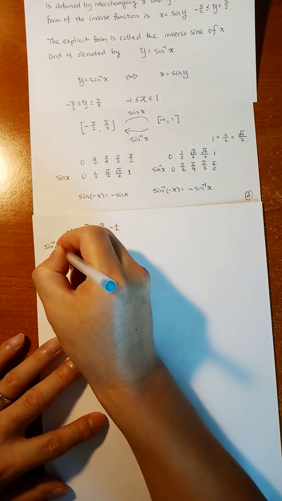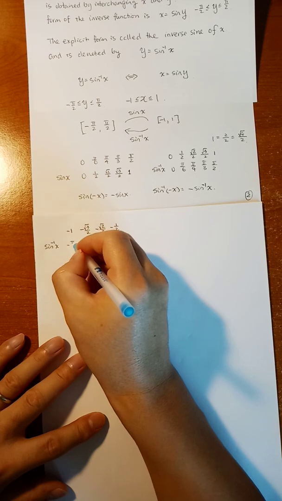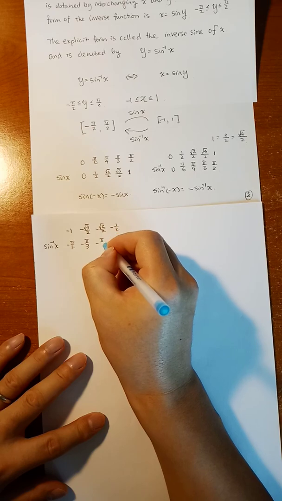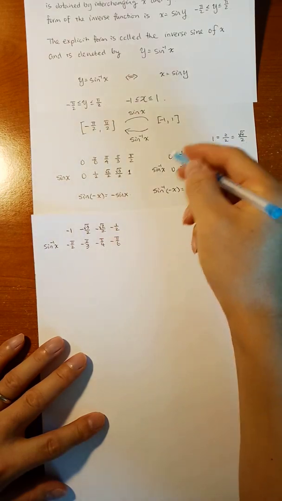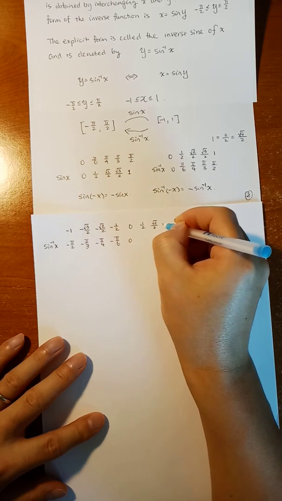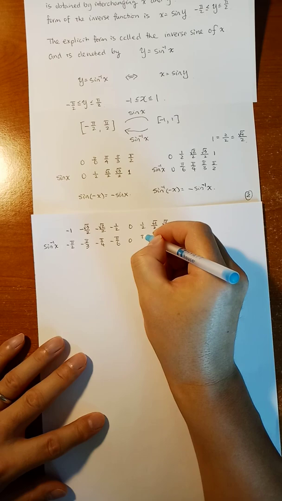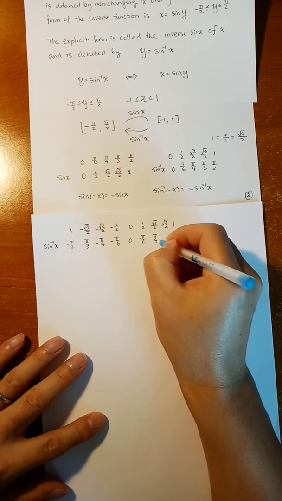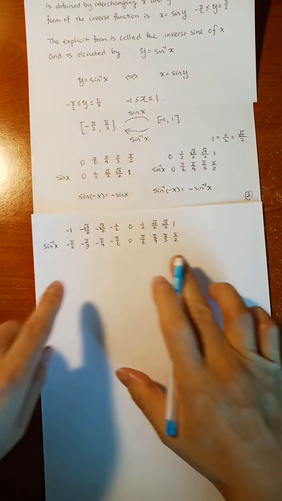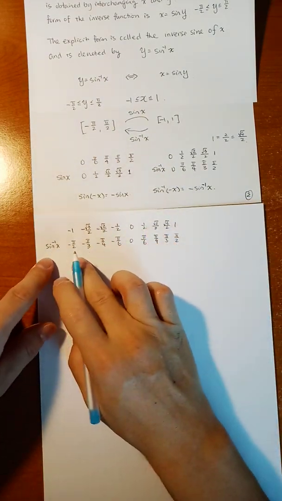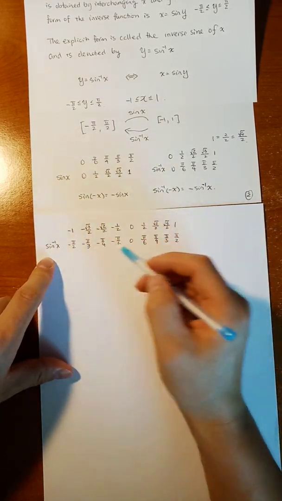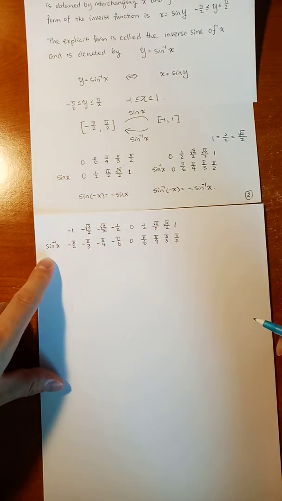So sine inverse of x will be negative pi over 2, negative pi over 3, negative pi over 4, negative pi over 6. So you put them together, you get this one. They share the same value, but with different sign on two sides of zero. So that's why you only memorize the positive part; the negative part you find by the mirror.